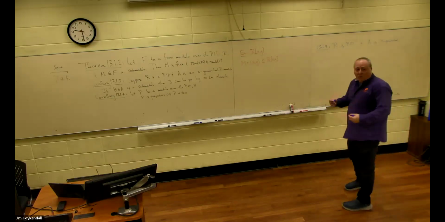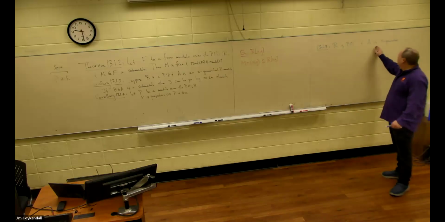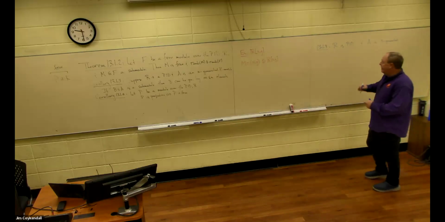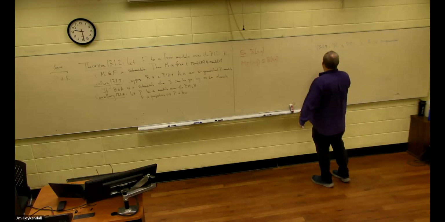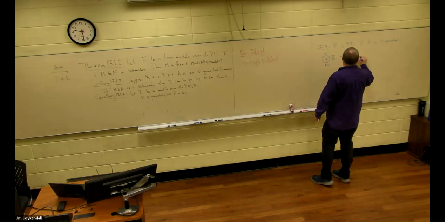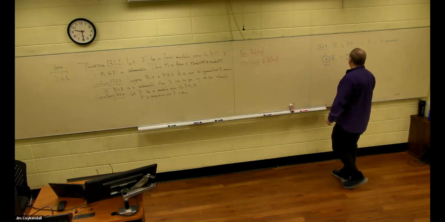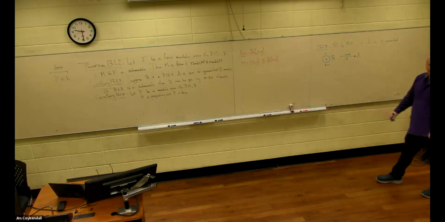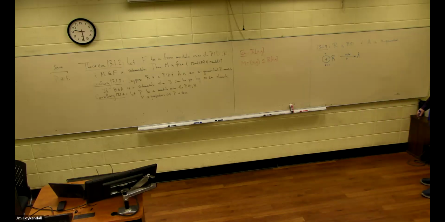And in fact, more was said in that theorem: since this is n-generated, A is the homomorphic image of this. Everybody agree with that? Now, how does that help?